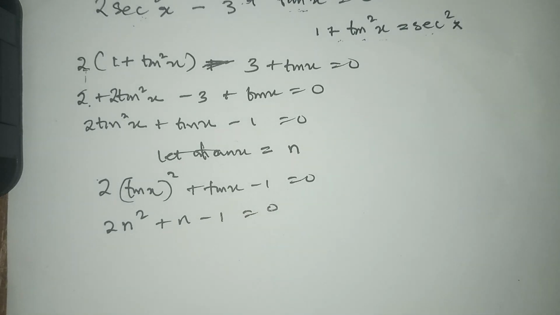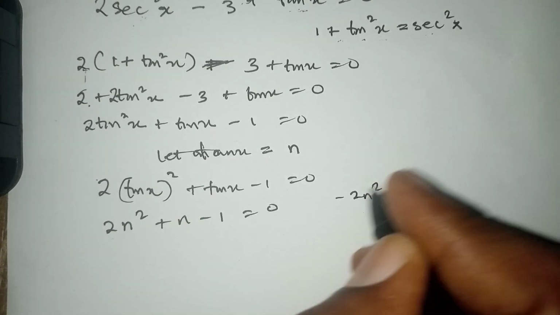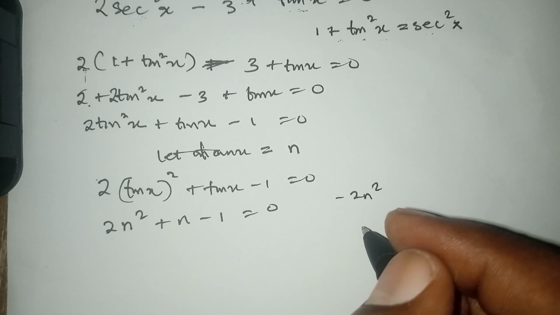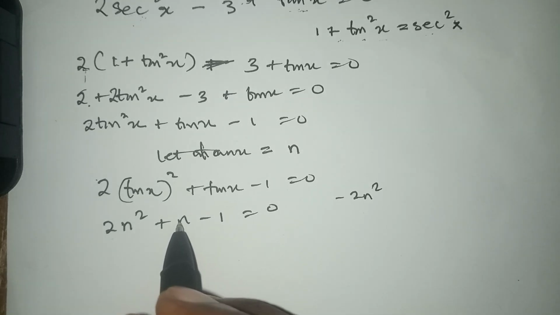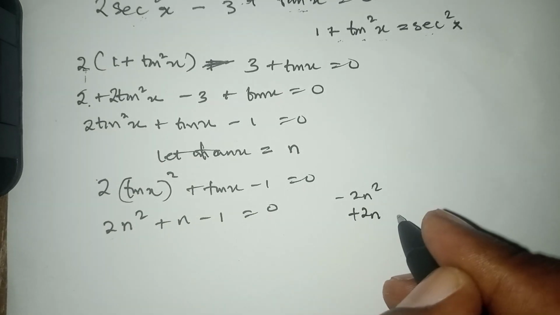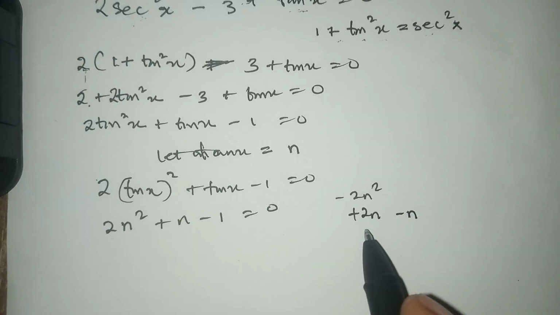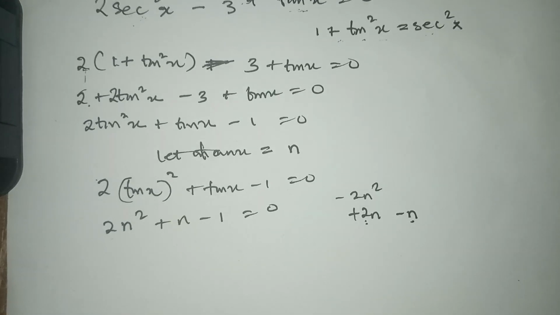So we factorize. The first term, 2n² times -1, is -2n². So what are the factors? They must give us plus n. So we have plus 2n, then minus n, because plus 2n times minus n is -2n², and plus 2n minus n gives us plus n.